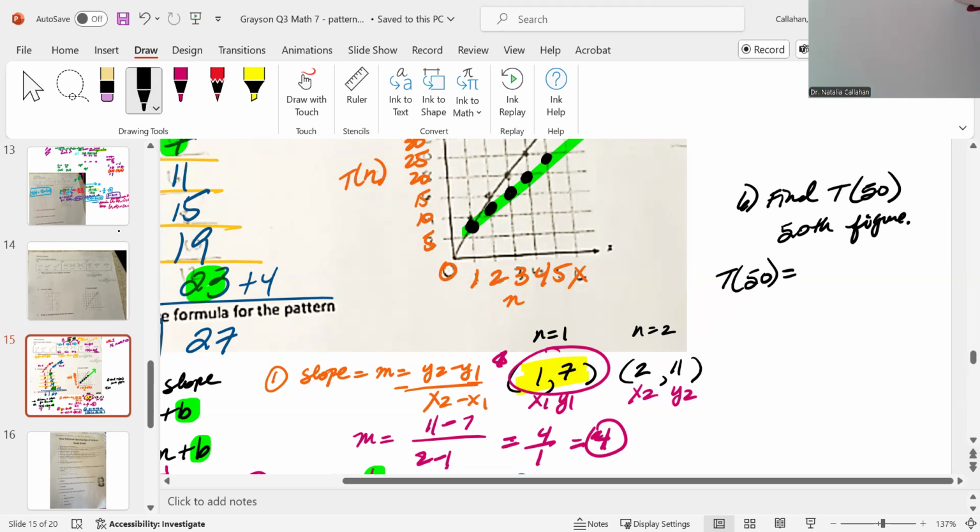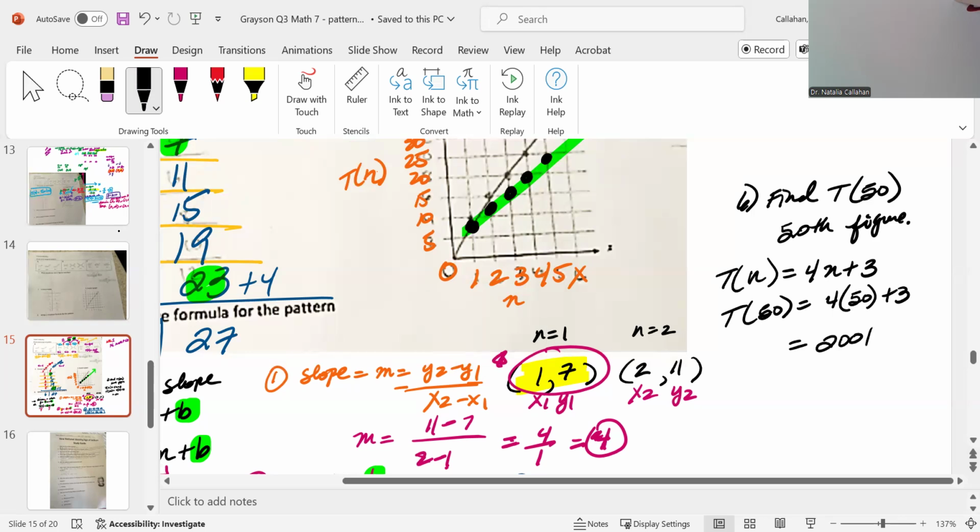So t of 50 means you're going to use the equation t of n equals 4n plus 3, right? So t of 50 equals 4 times 50 plus 3, right?